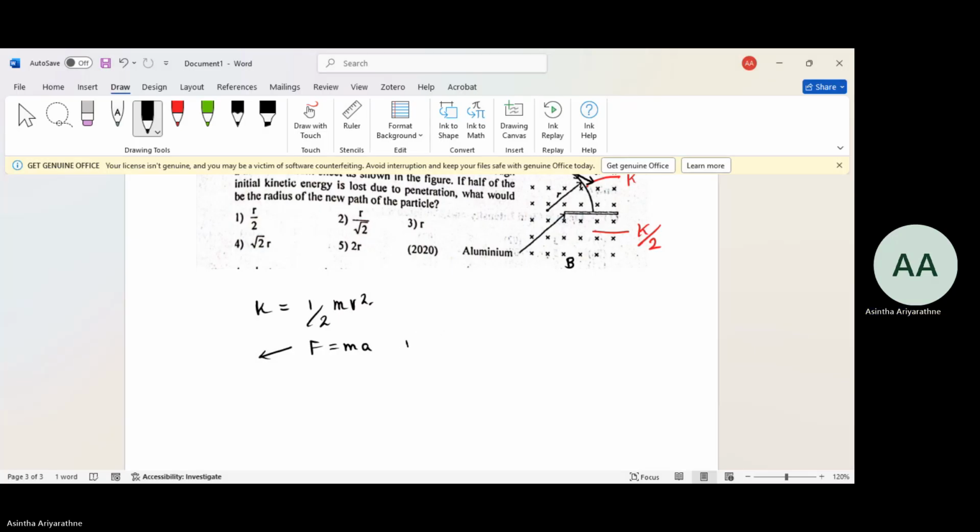Before penetration, B q v equals m v squared over r. This is equation 1.